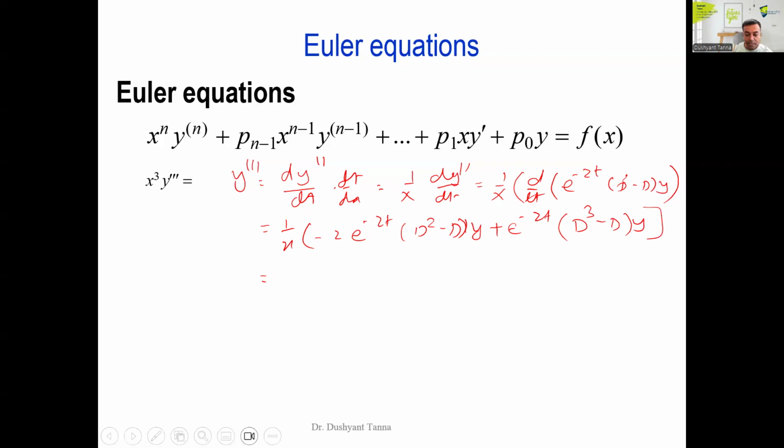We simplify this, right? We keep on simplifying, combining everything, e raised to minus 2t, which is 1 on x squared. So finally, after simplification, this will become 1 on x cubed, d cubed minus 3d squared plus 2d times y.